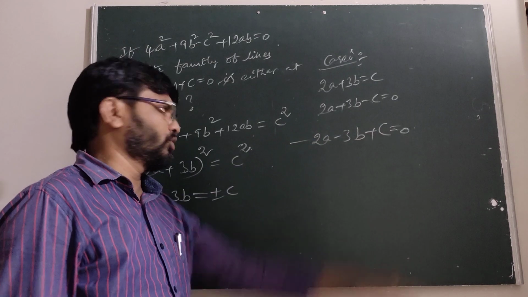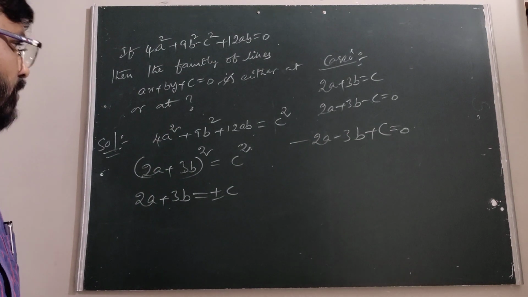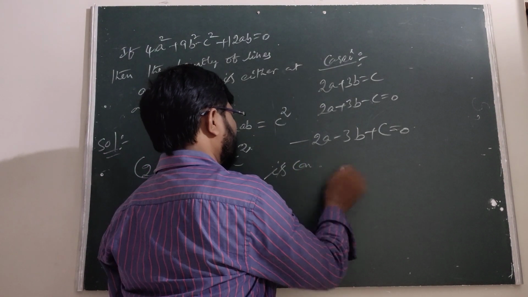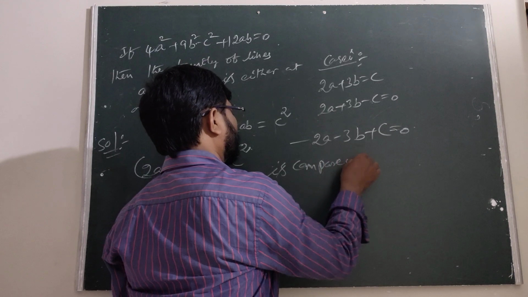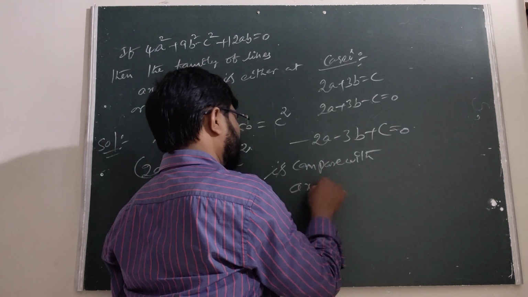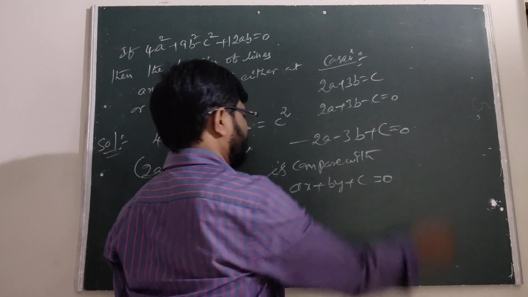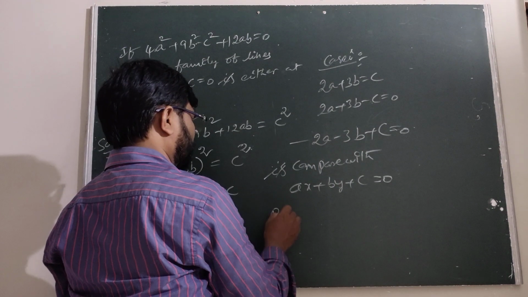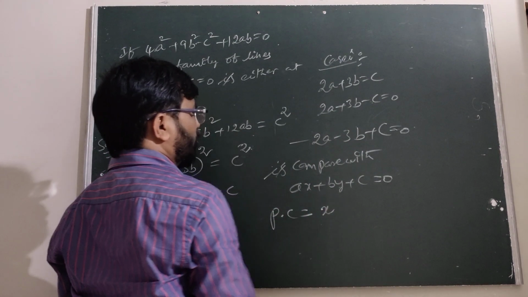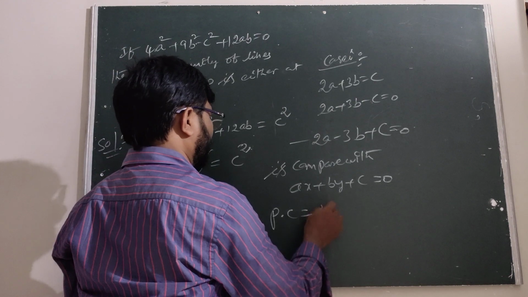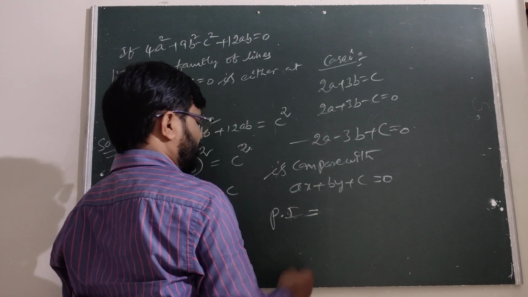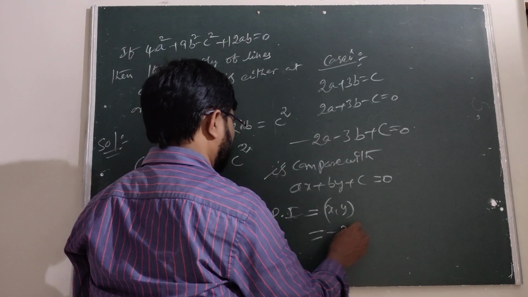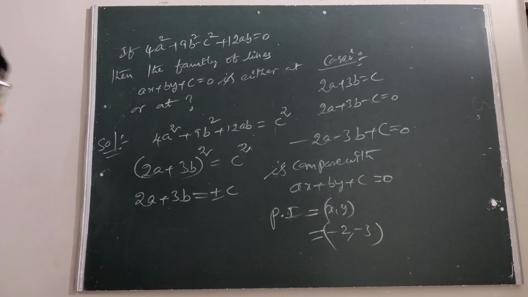Therefore, now all of you listen here, compare with ax plus by plus c equal to 0. That means x is minus 2, y is minus 3. Therefore, the point of concurrence (x, y) is (minus 2, minus 3), when we are taking the plus c.